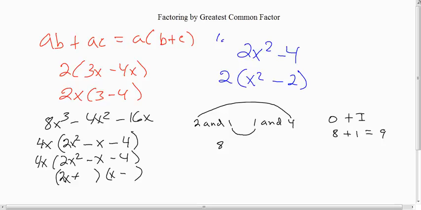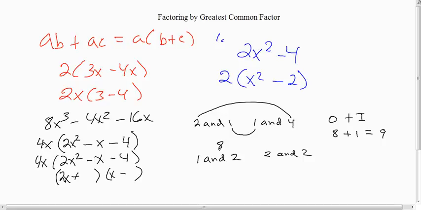So let's rearrange the first one and go with 1 and 2, and then for 4 let's go with 2 and 2. We also have to keep in consideration that one of these is positive and one is negative.